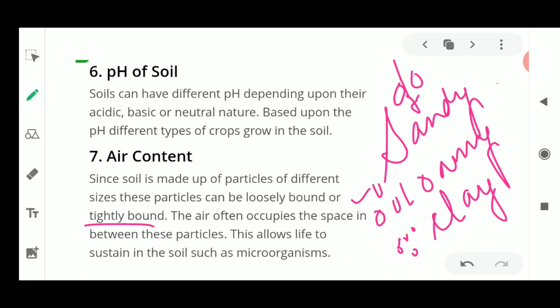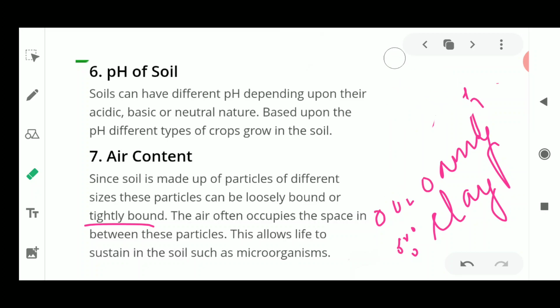Now, the air often occupies this space. Each and every thing contains air in it. Even when things are very tightly packed, these particles still have a small amount of air in between. Air is present between each and every particle.